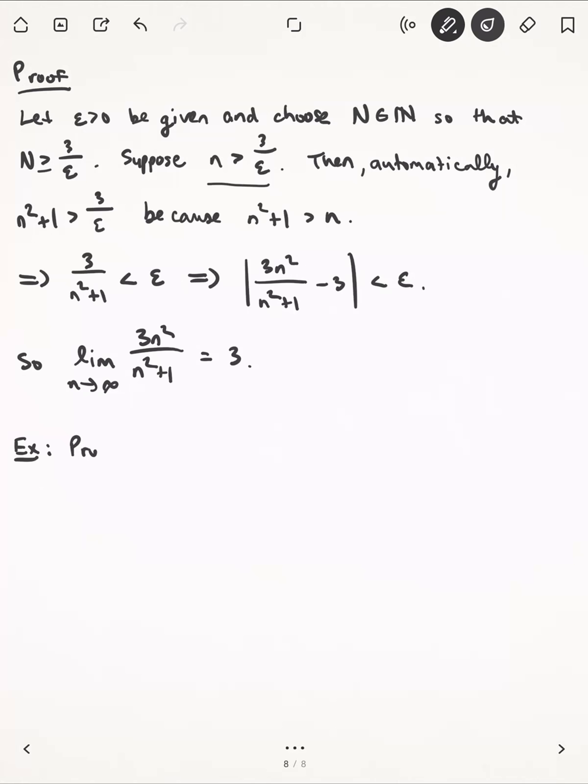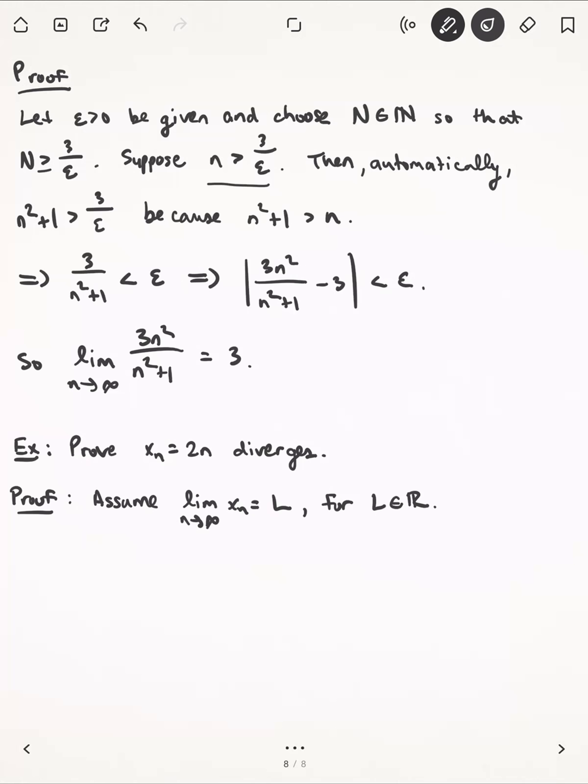So prove x_n equals 2n diverges. Let's prove it. Assume the limit as n goes to infinity of x_n equals L for some real number L. So we're going to assume that it exists and try to run into a contradiction.